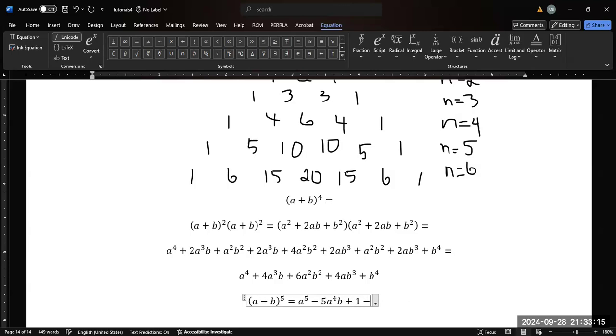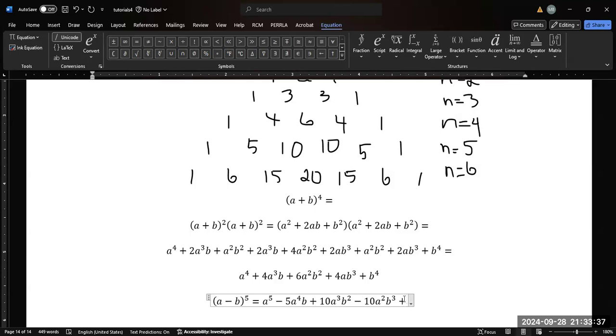Then we flip again, 10a cubed b squared. So b is positive, so it's back to positive again. And then 10a squared b cubed, but that's going to be negative because b is odd.